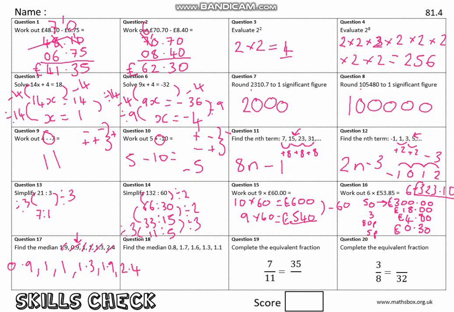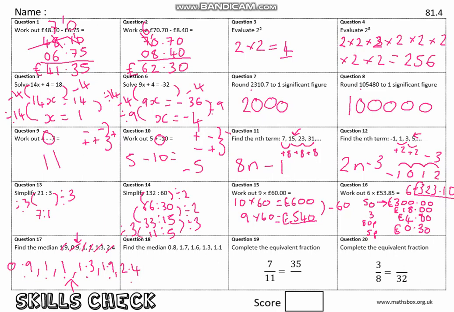Okay, so how many numbers have we got in total? 1, 2, 3, 4, 5, 6. So we've got to find the middle. So the middle would actually be here. Okay, so it would be between 1 and 1.3.